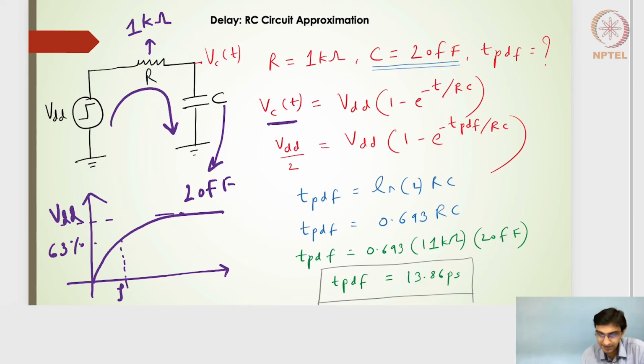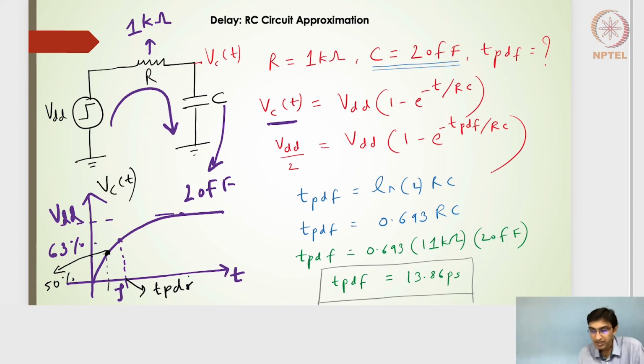The time constant is the instant where the output voltage reaches 63.3%. But what we need is actually the 50% point of the capacitor voltage. This particular point on the time axis is what we call the propagation delay rising, and if I use the same R and C values, it will be the propagation delay falling as well.